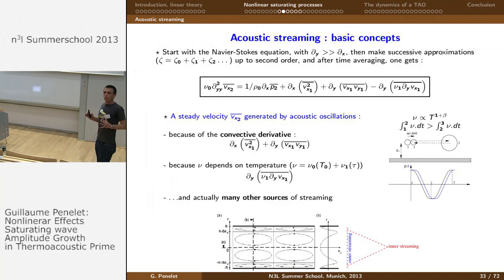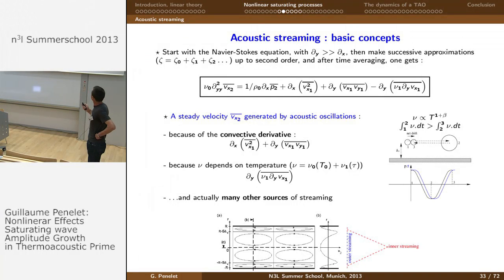Okay, so to make evidence of this effect in a simple way, let's start with the Navier-Stokes equation. And let's make the boundary layer approximation, and let's use a successive approximation method with an expansion up to second order.